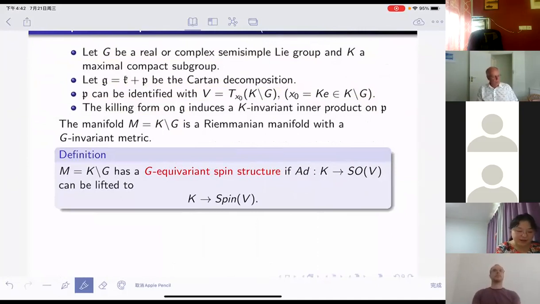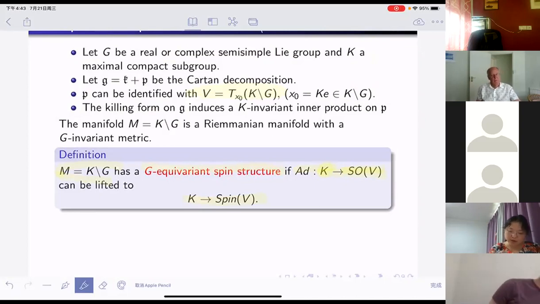We say that this homogeneous space M has a G-equivariant spin structure if the adjoint action of K on P, so there is an action of this compact group K on P by adjoint, and one can check this lands in SO(P), special orthogonal, and we say that this manifold has a G-equivariant spin structure if this adjoint map can be lifted to the double cover.